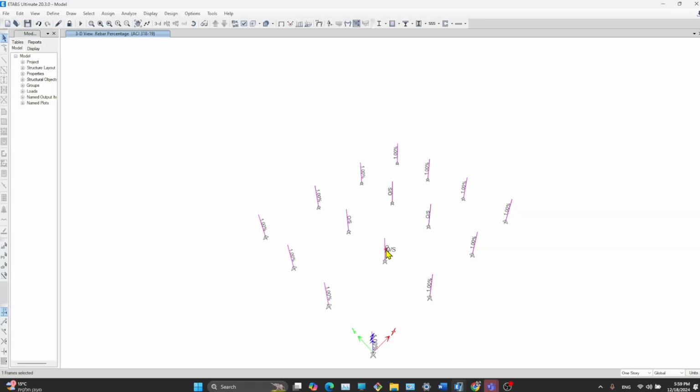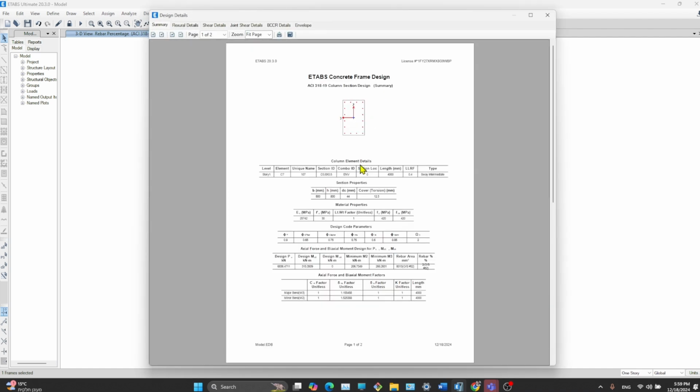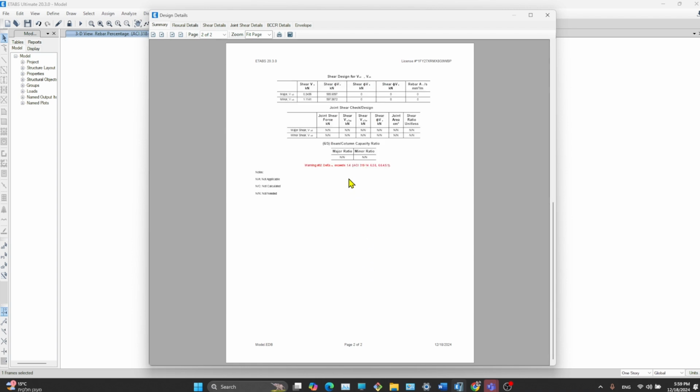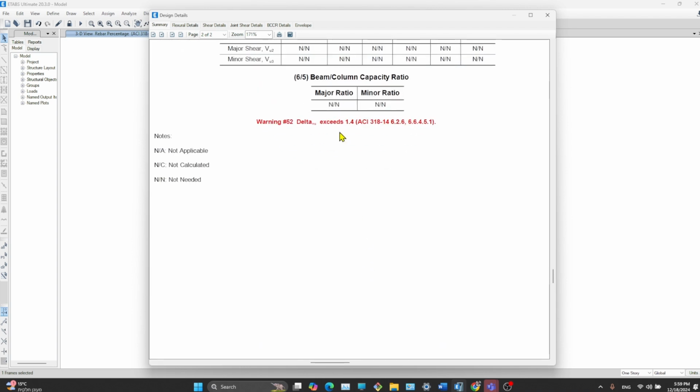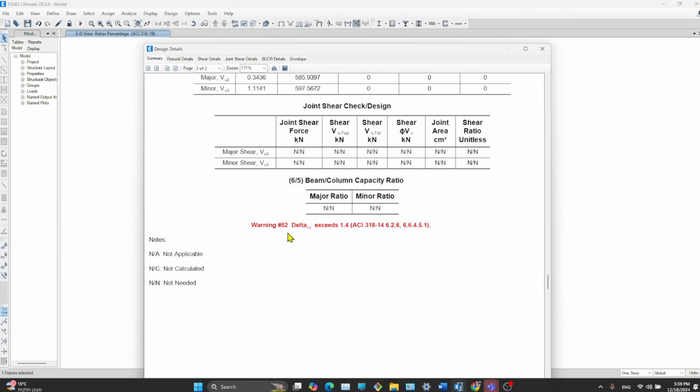Do you see the ETABS? I'm sharing the ETABS now. Yeah, I can see it. Okay, so I will just zoom here. You see, it exceeds 1.4, the same issue that we discussed just a while ago. The delta NS should not exceed 1.4. This refers to ACI.